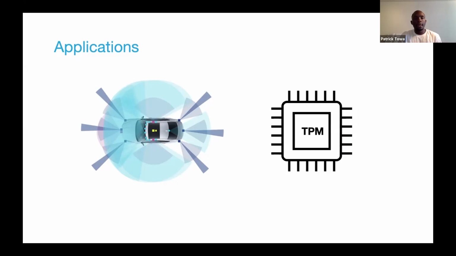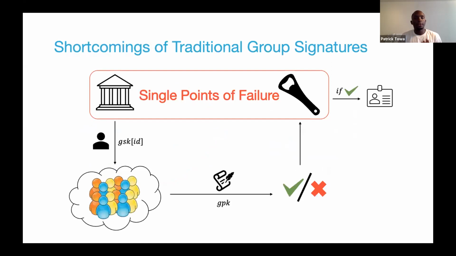Given these requirements, one can see how the anonymity requirements of group signatures really fit the bill. But the odd thing about the definitions of group signatures so far is that even though privacy is the main concern of group signatures, the authority is a single point of failure. In general in cryptography, like we saw in the previous talk, whenever privacy or even just security is at stake, usually people try to distribute the powers of the parties and not rely on a single one, to minimize as much as possible the trust assumptions.